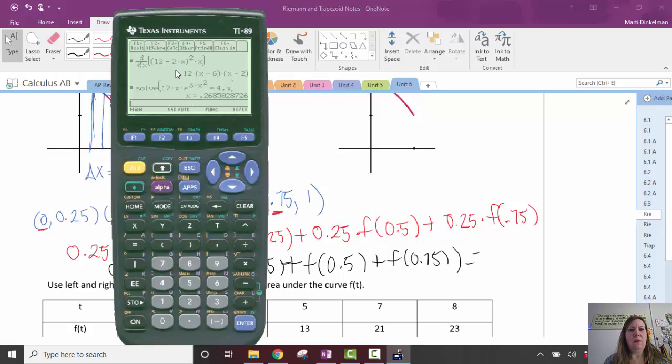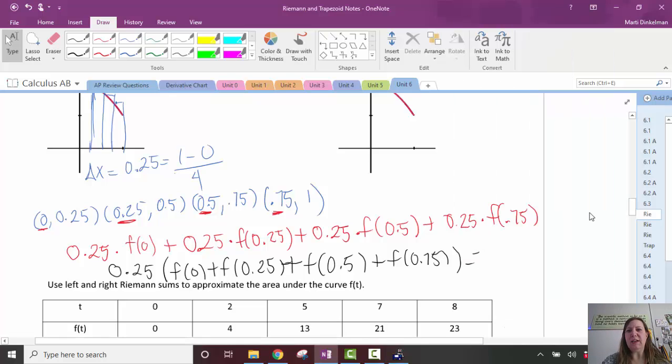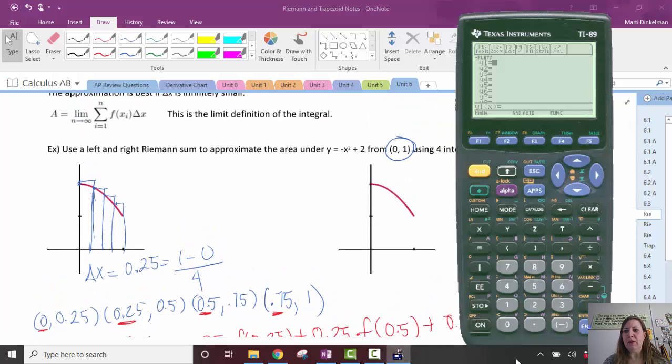Let me show you one of the ways on the 89 that I like to do this. I like to put the function in y1 so I don't have to continually type the function over and over again. It's negative x squared plus 2. You can also do this on the 84. It's just that when you type in y1, you actually have to go to VARS to find the y1.